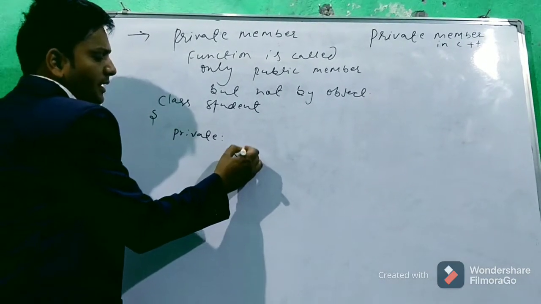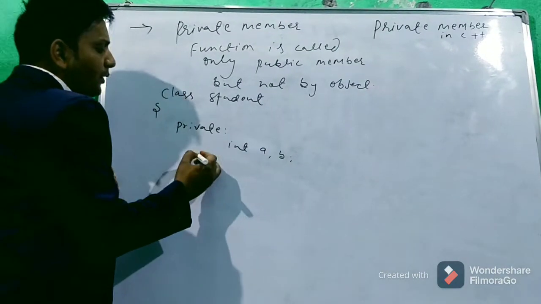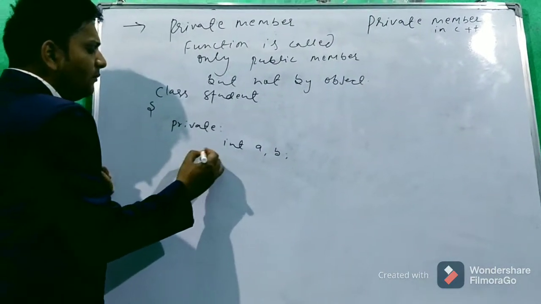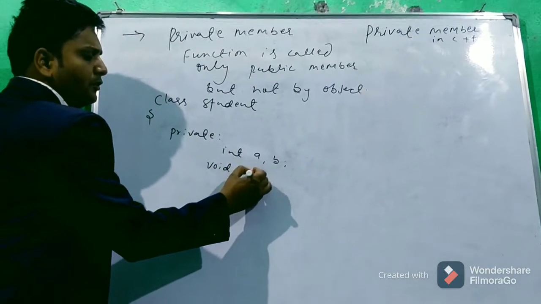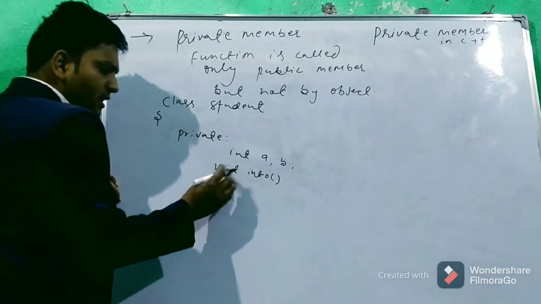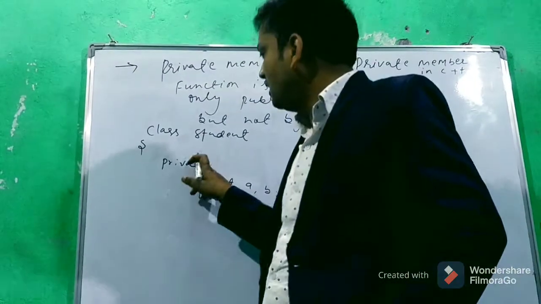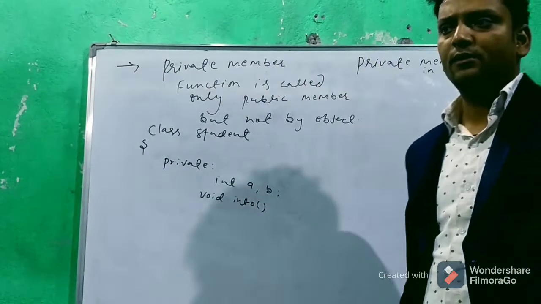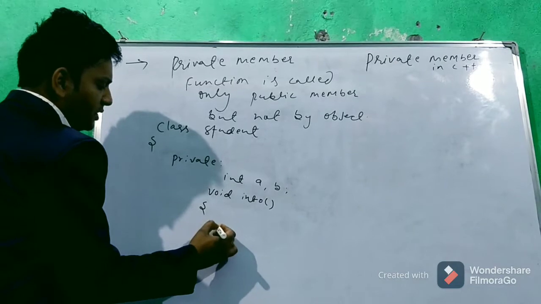I am declaring two variables, int a, b. Then I am going to declare a private member function, void info. This member function is treated as private because it is under the private specifier. I am writing here cout, information.